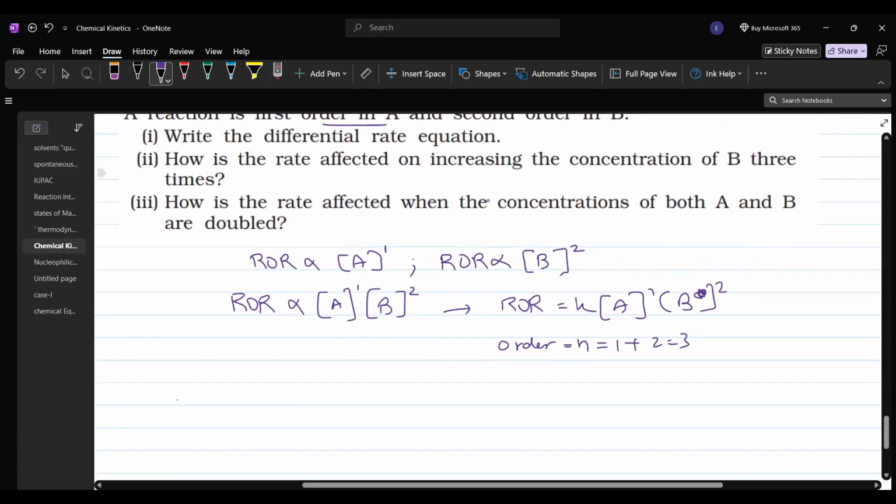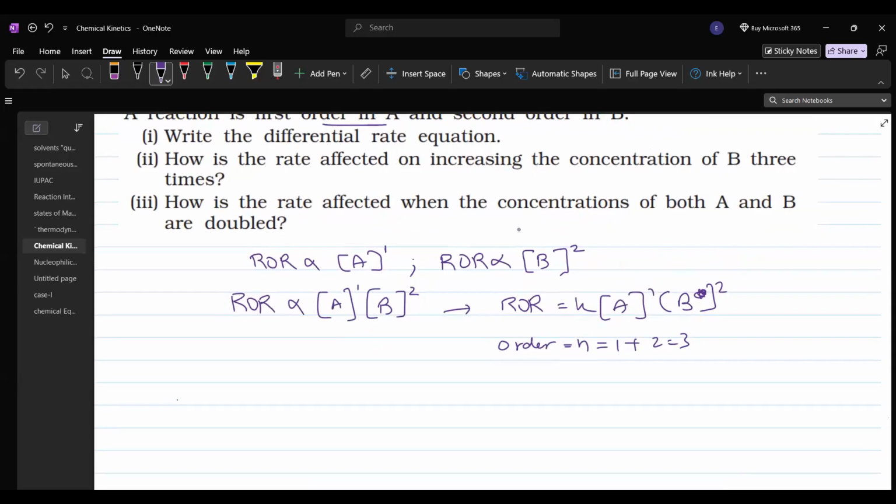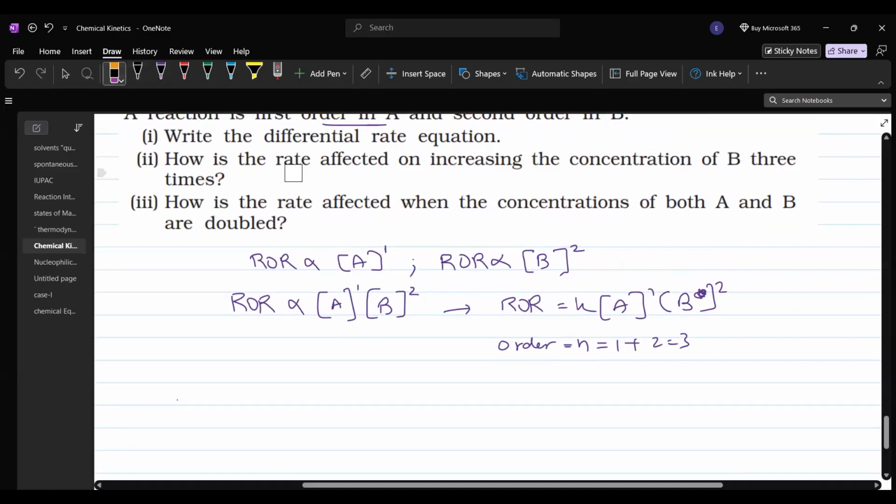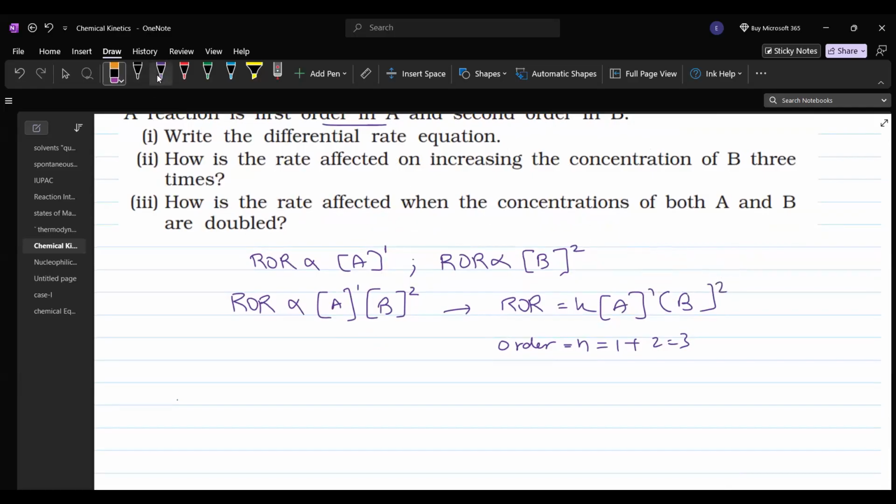Second question: how is the rate affected on increasing the concentration of B 3 times? Can you comment on it directly, without me telling? Just try to guess.